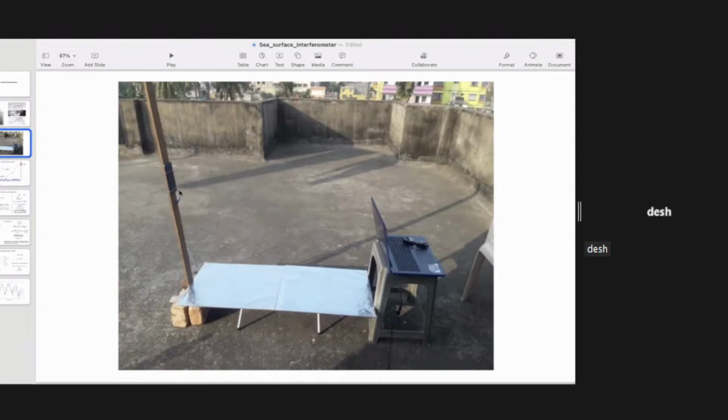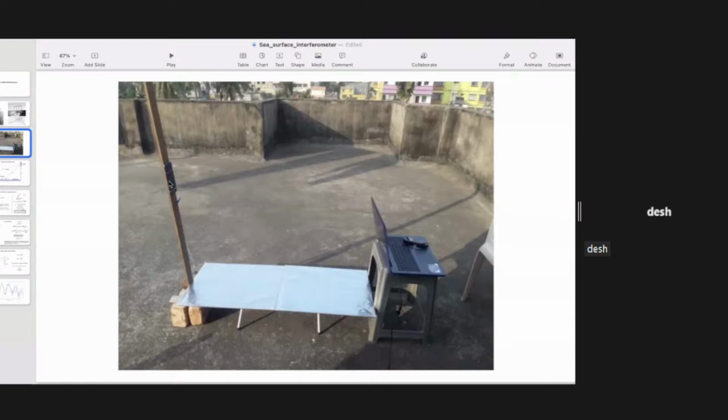There is a comment, let me read it from the chat. Vinisha comments: this experiment seems to be very similar to the previous one. Absolutely right. In terms of the setup, we are using largely the same equipment. Instead of putting the reflector behind the radiator, we are now putting it horizontal.